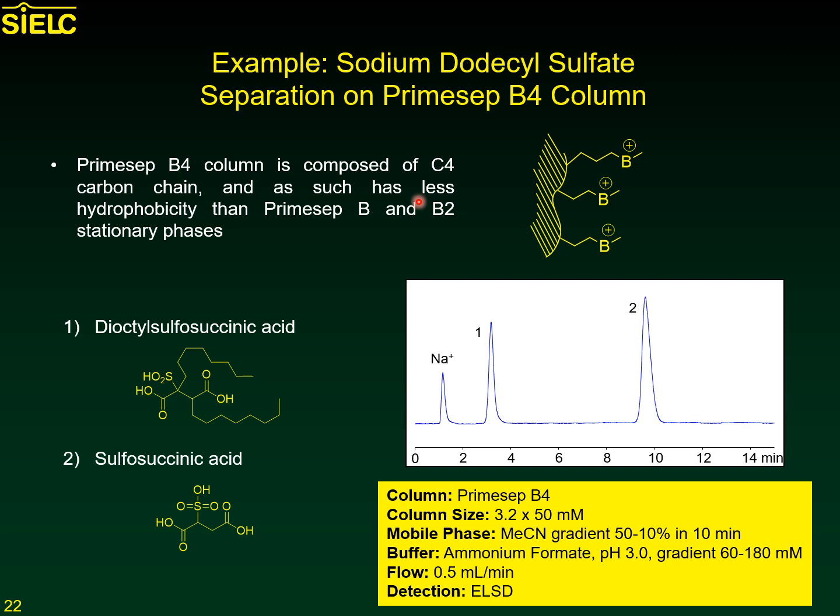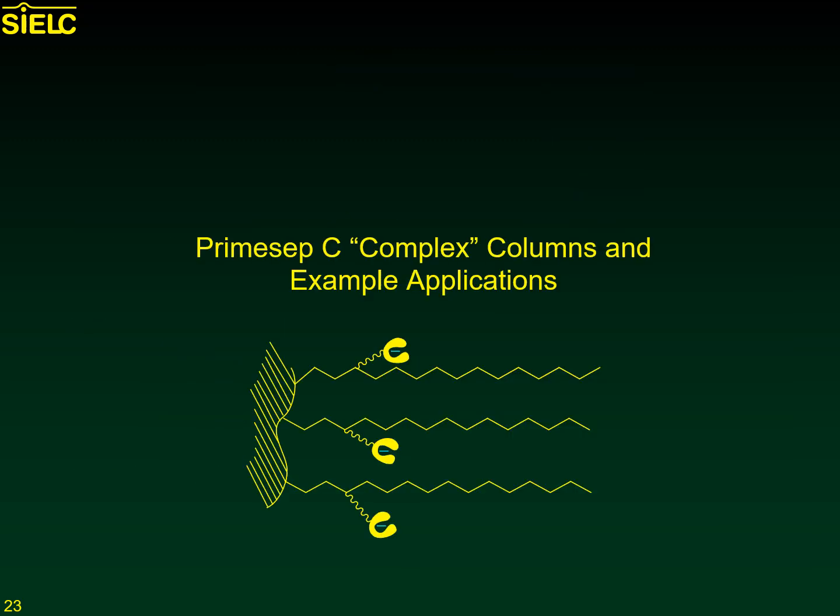In this example, we are separating two different sulfosuccinic acids, one that contains two octyl chains coming off of its structure, and the other that does not. The alkylated sulfosuccinic acid retains on the Primesep B4 column less than the non-alkylated sulfosuccinic acid, and this is because of the greatly reduced degree of hydrophobicity present in the stationary phase.